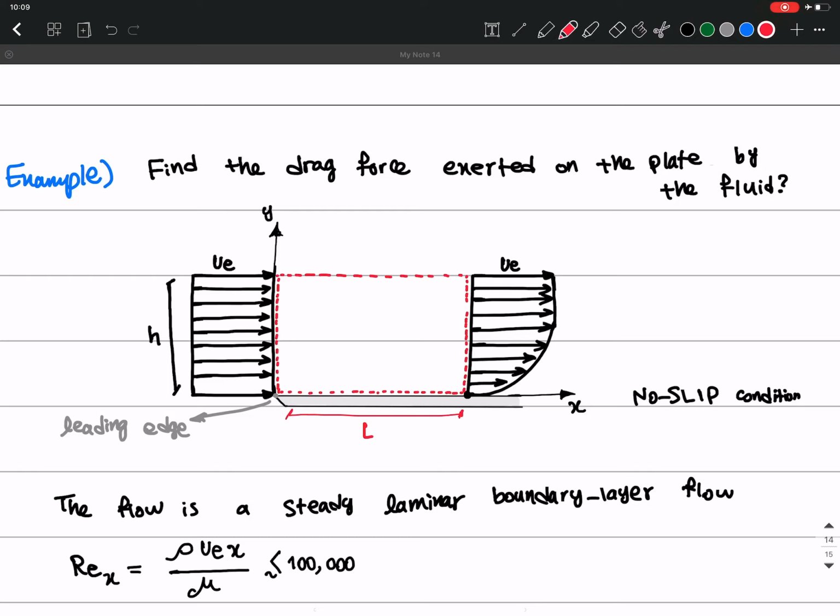Okay, so this is the CV that I consider, and this has 3 parts. I just named them. So this is section 1, this is section 2, this is section 3, and this part we have the viscous force that we are looking for, the drag force or viscous force, right?